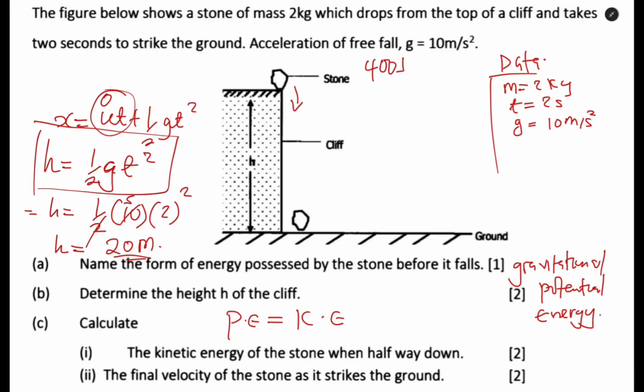As it is falling, the speed is also increasing, and speed is directly related to kinetic energy, so potential energy is being converted to kinetic energy. When it reaches the midpoint, half of 20, which is 10 and 10 in terms of height, potential energy becomes equal to kinetic energy. By the way, as you go down, potential energy is decreasing.